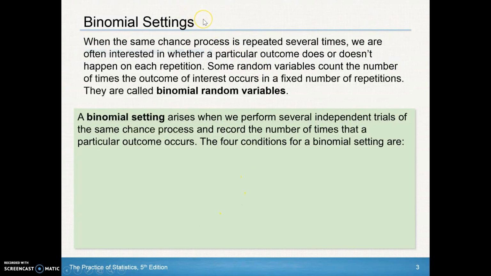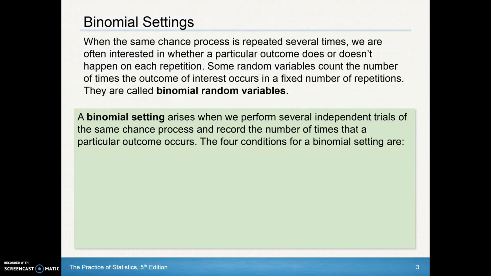So, the binomial setting. What is a binomial setting? Well, when the same chance process is repeated several times, we are often interested in whether a particular outcome does or doesn't happen on each repetition. So I always like to think of shooting baskets. If I asked you to shoot 10 baskets in a row, that is a chance process repeated several times.